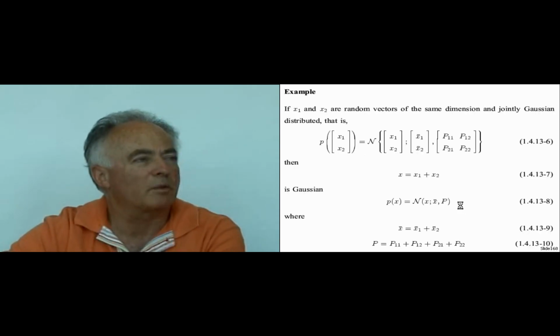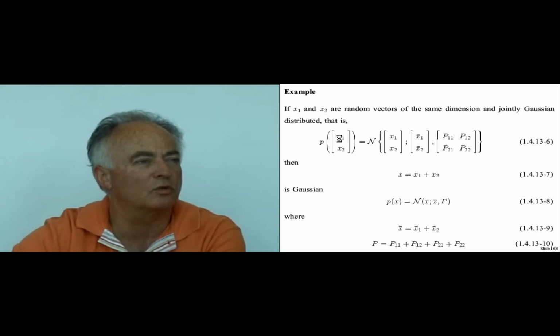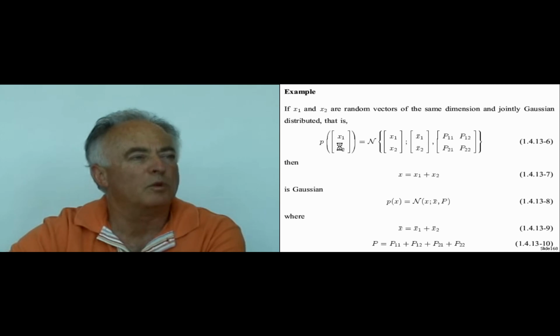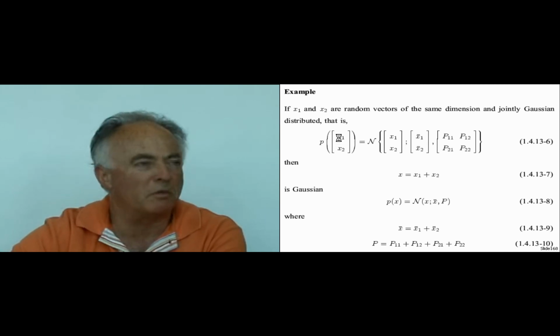Let's take an example. x1 and x2 are random vectors of the same dimension and jointly Gaussian. The PDF of the combined stacked vector consisting of x1 and x2 will also be Gaussian. So this is a vector of double dimension. The argument is this vector.